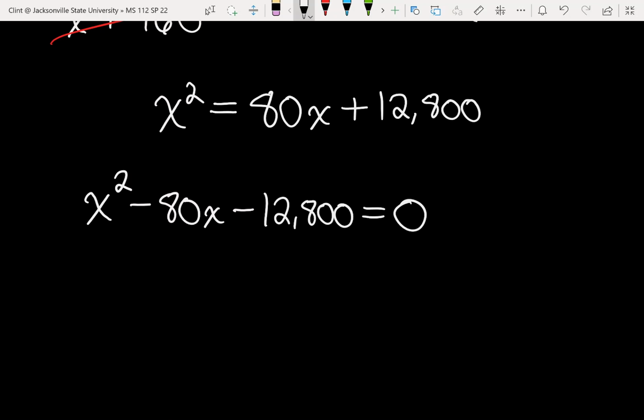So here's where quadratic formula becomes a good choice, in my opinion. Because I don't know right off the top of my head factors of 12,800 that will give me negative 80. And I don't want to list out all the possible factors to figure it out.